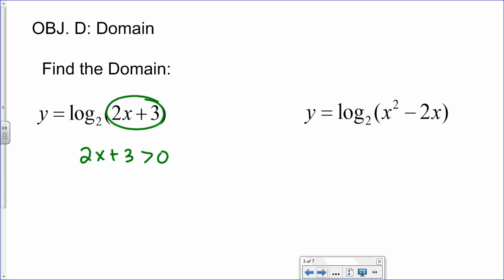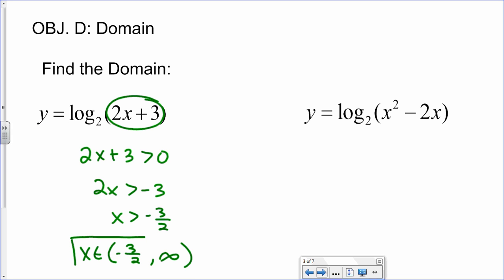And this section is not solving inequalities either. This is finding domain of logs. So to find the domain, you have to create this inequality. Greater than 0, not greater than or equal to. And then solve for x. Okay? And write that as an interval. So greater than negative 3 halves will be negative 3 halves to positive infinity. That is the domain.